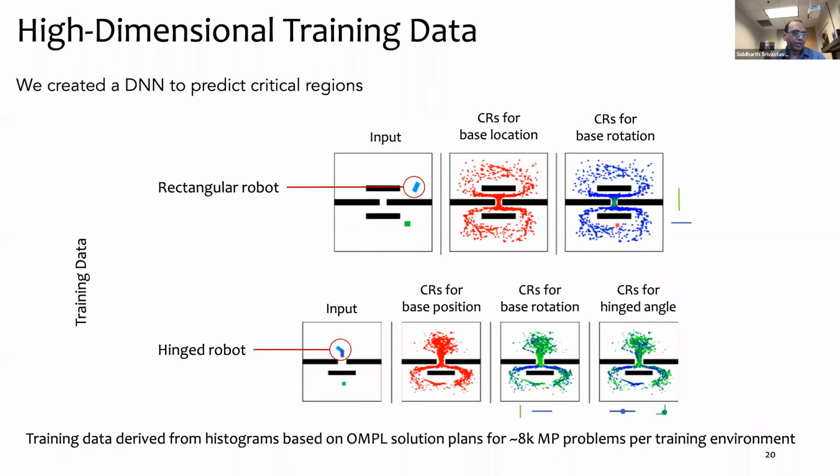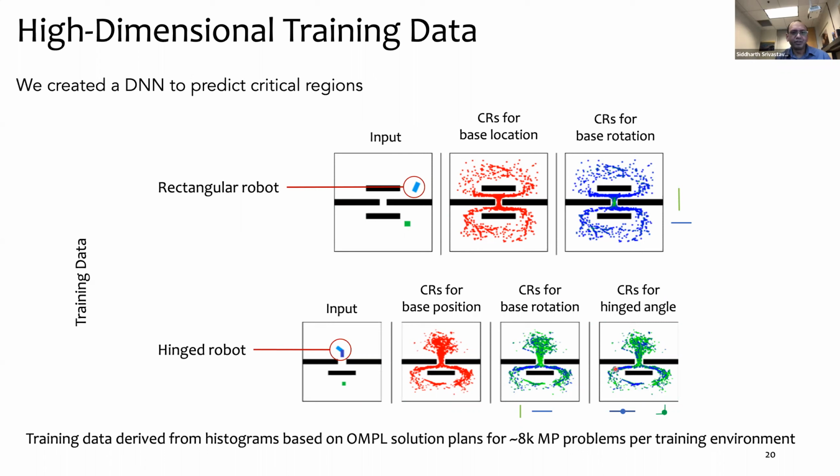Here you can see in our training data, it's very likely that at these points, the robot was oriented vertically. And similarly, you can increase the dimensionality of the robot. So here we have an additional dimension, which is the hinge angle. And you can produce critical regions for the hinge angle similarly. And you see that this is reflecting quite what you'd expect. Over here, the hinge angle is 180, as you'd expect.